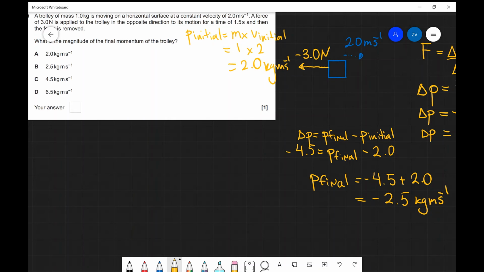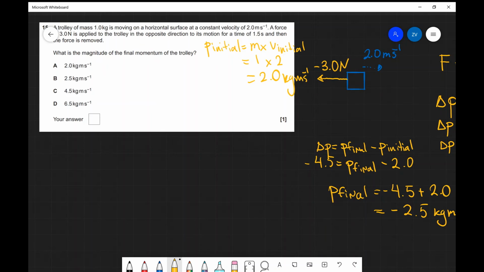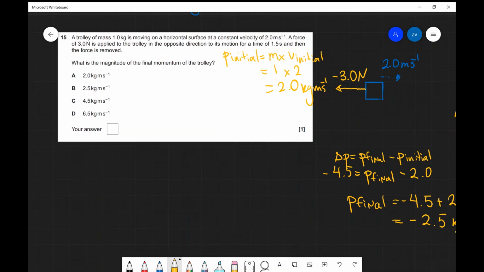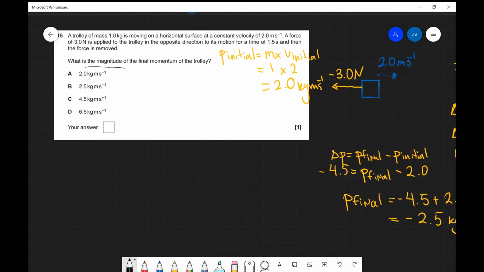Well, hang on a minute, that's not actually any of the answers, but upon closer inspection we can see that the question is asking us about the magnitude of the final momentum. So the magnitude of the final momentum is 2.5. However, it is acting to the left in this case, which is taken to be the negative side. So the correct answer is B.